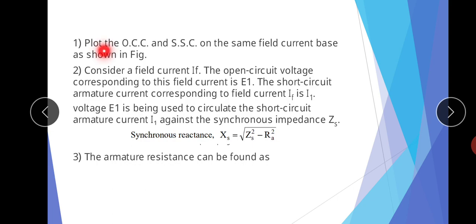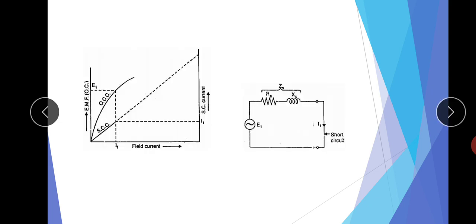Plot the open circuit characteristics and short circuit characteristics on the same field current base, as shown in the figure. This is the graph. The field current is common to both the open circuit characteristic and short circuit characteristic. This is the voltage at open circuit and this is the current at short circuit.